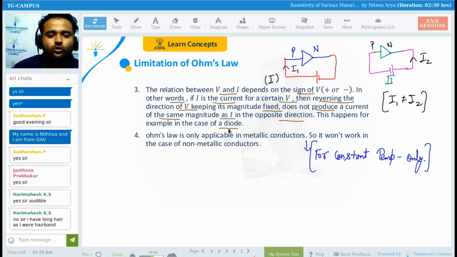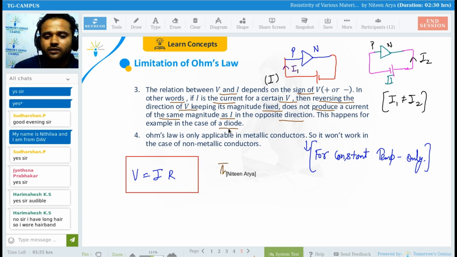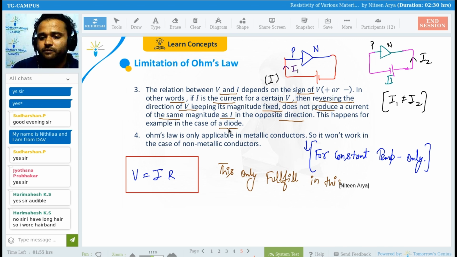So in that particular case also, V equals IR, that is your Ohm's law, is not going to be fulfilled. It is only fulfilled in this assumption. Which assumption? The above assumption.